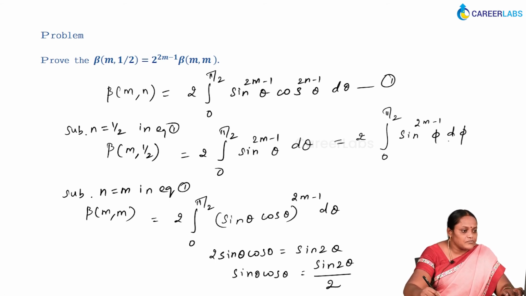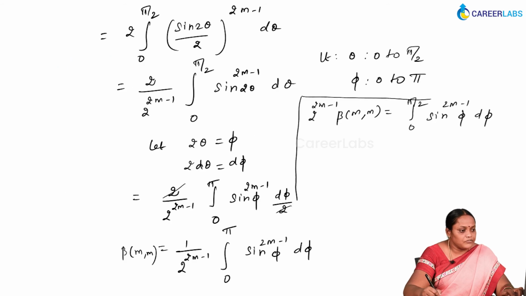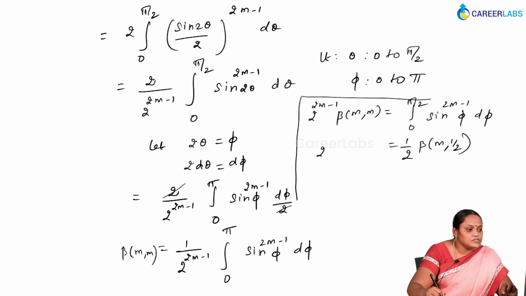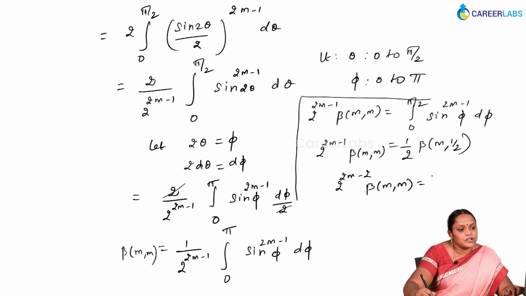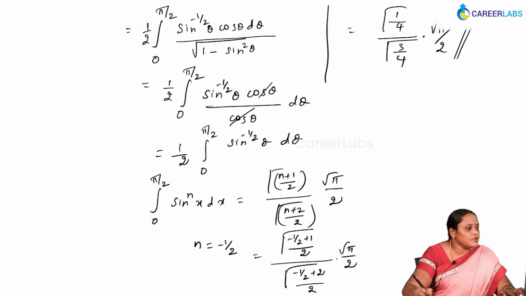Therefore, instead of this term, we can replace it by 1 by 2 times beta of m comma half. So this is equivalent to 1 by 2 times beta of m comma half. So this is 2 to the power 2m minus 1 into beta of m comma m. So this will be equivalent to 2 to the power 2m minus 2 beta of m comma m, which is nothing but beta of m comma half. So we have arrived at the result.